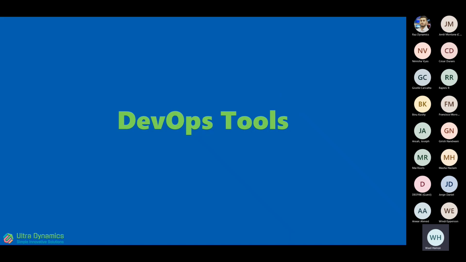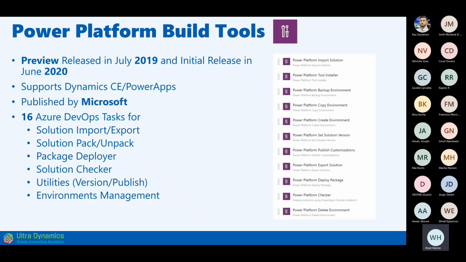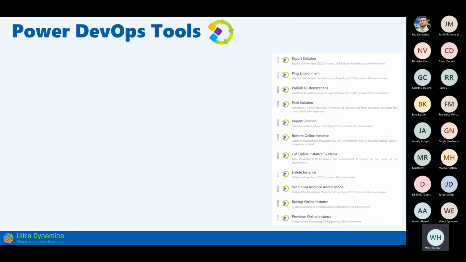Okay, conscious of time, I'm just going to move quickly with the DevOps tools. In addition to PowerShell, you've got these additional tool sets available within Power Platform. You've got the Power Platform Build Tools. If you're using Azure DevOps, this gives you a lot of tasks to manage some of your typical operations in your pipelines.